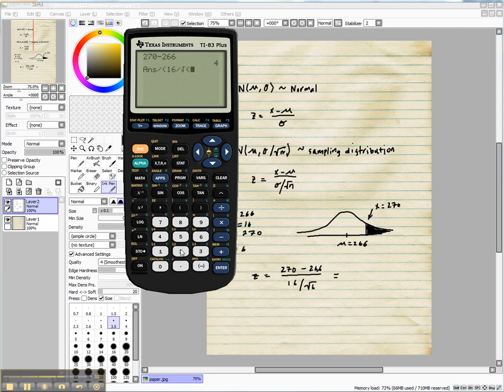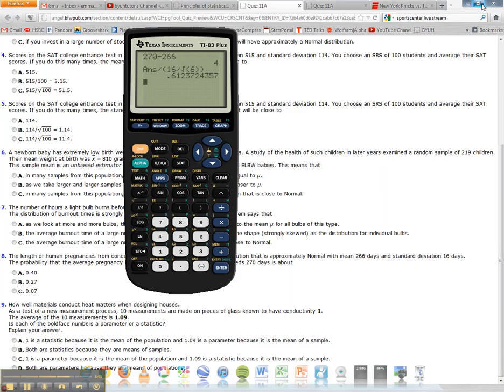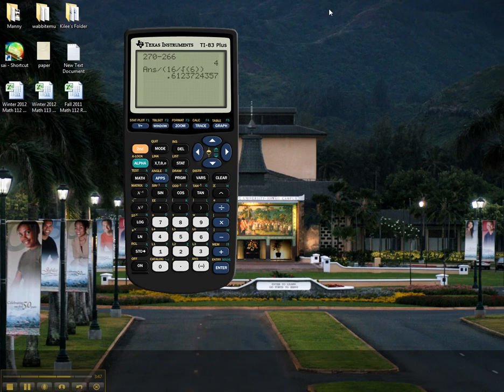Then you close with another comma, and you have to make sure your notations in your calculator are right, because the calculator needs to have all of this specified. Anyway, we get 0.61.